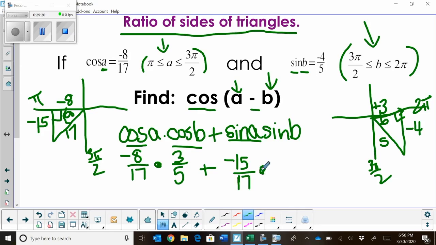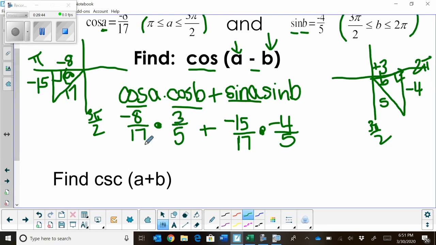And we're going to multiply that by the sine of B. So go back to the B triangle, and sine of B was given to us. It was -4/5. And there we go. Now we just need to clean this up. Whoops, I'm not quite ready for cosecant yet.